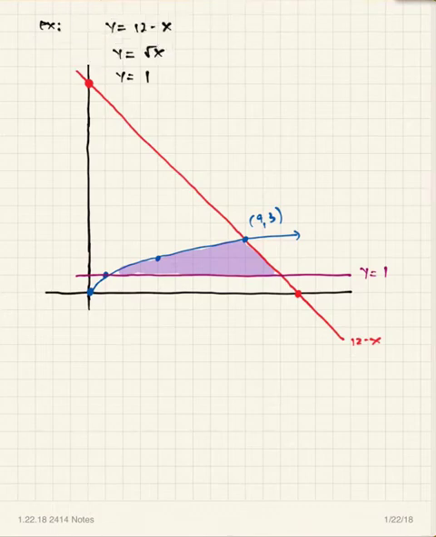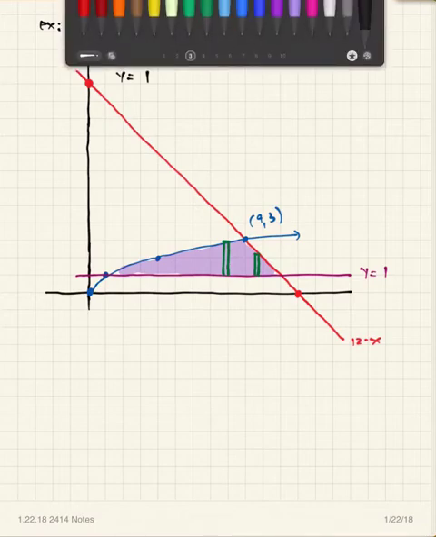If you draw that rectangle right there, square root of x bounds it on the top and y equals 1 bounds it on the bottom. If you draw this rectangle right here, then the line 12 minus x bounds it on top and y equals 1 bounds it on the bottom. So if you're going to use vertical rectangles, you would have to use two integrals here.